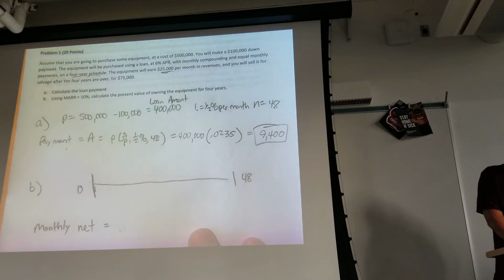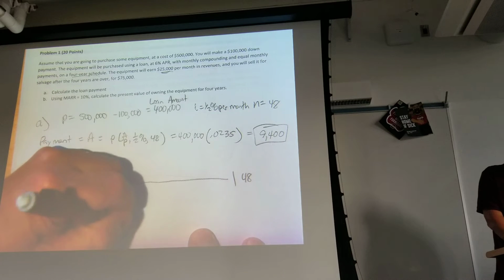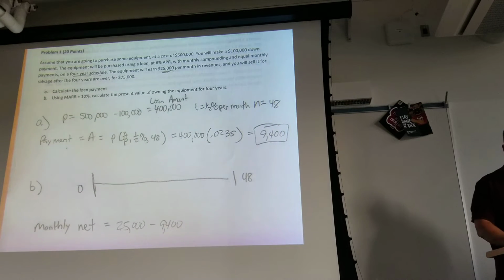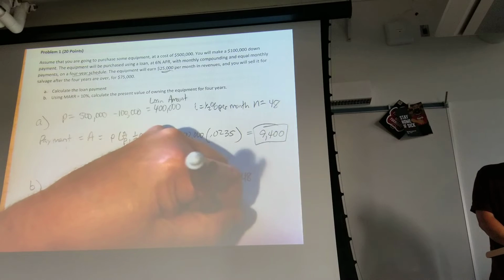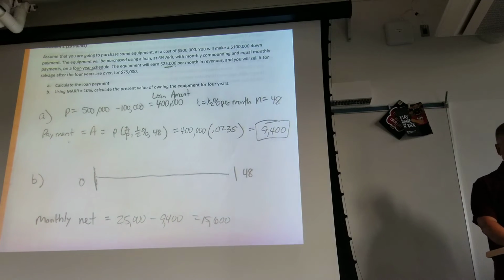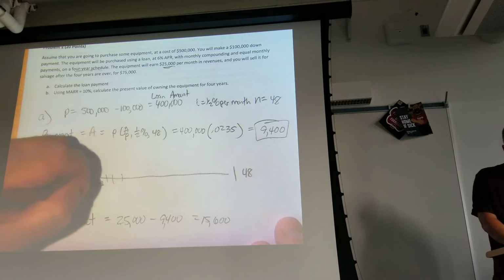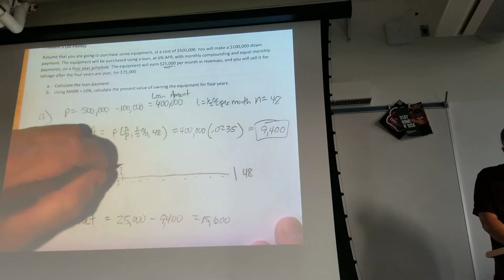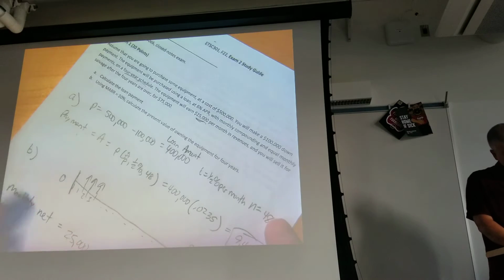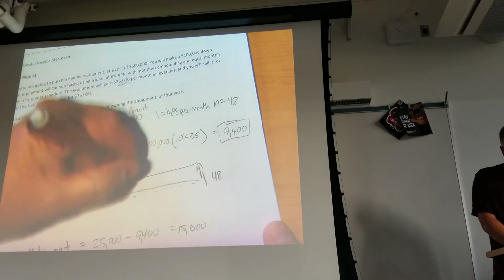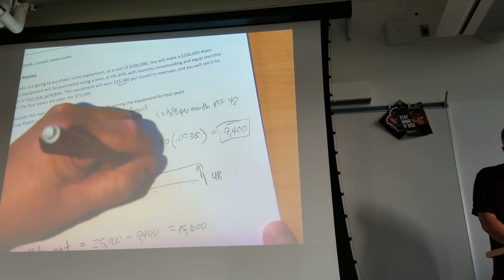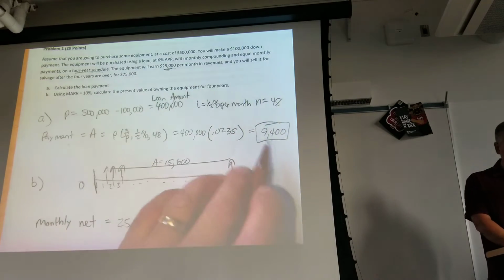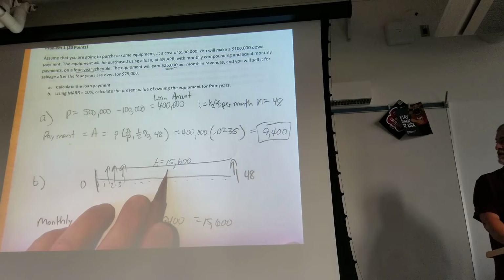The income minus the expense. So that's going to be 15,600. So we're taking our income and subtracting our payment, and that's how much we bring in net each month.